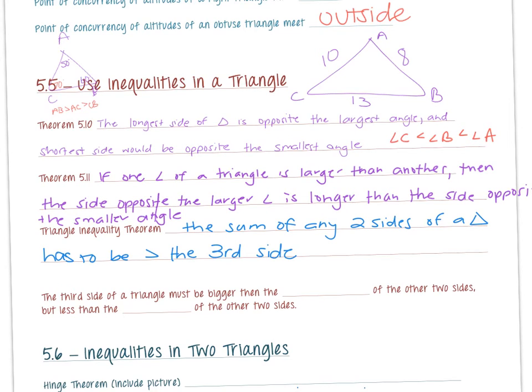And it cannot be equal. I can't have 3, 3, and 6. The sum of any two sides has to be greater than the length of the third side.